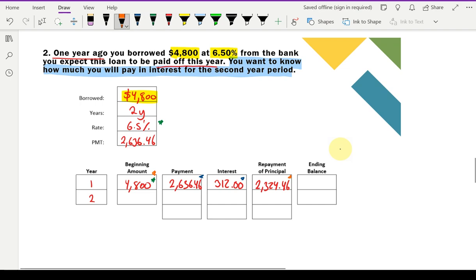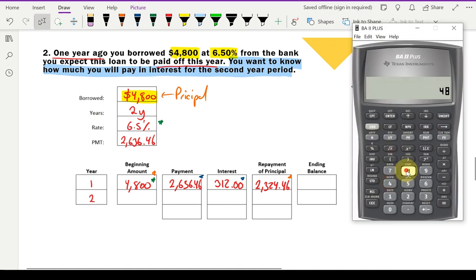This is the principal here. So we're going to take our $4,800, which is what we borrowed, and reduce that amount by what we've paid in principal, which is $2,324.46. That leaves us with an ending balance of $2,475.54.